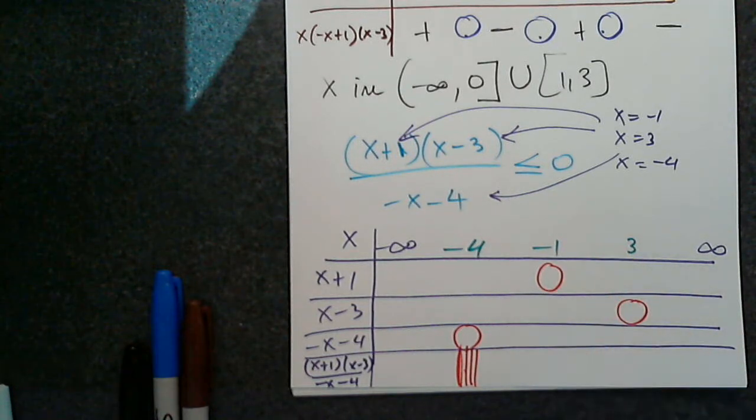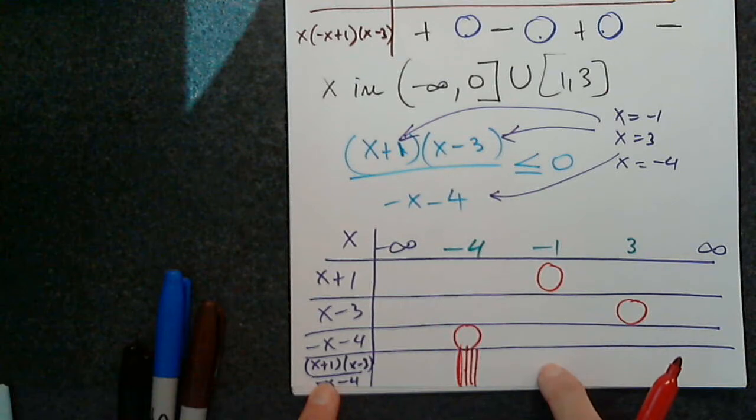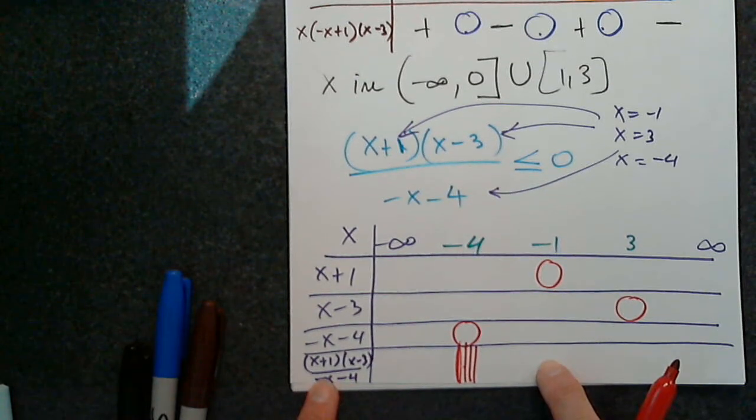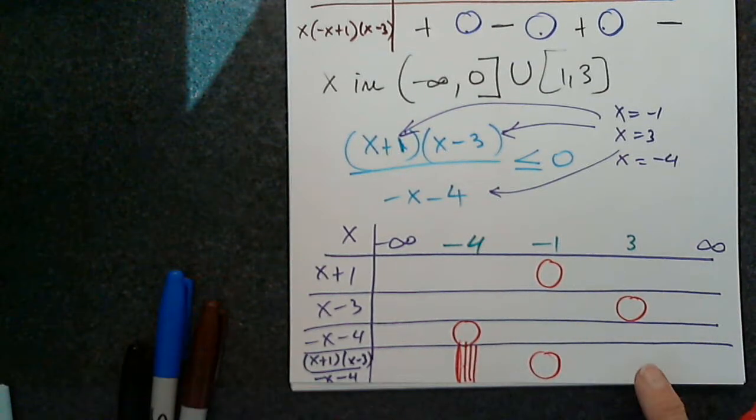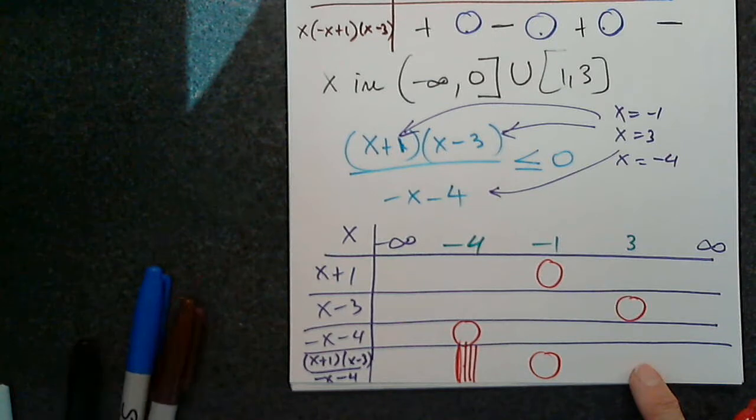What happens under negative 1? Different story. What happens under negative 1? It's at the top. What happens if there is 0 at the top? Correct. And what happens when x is 3?